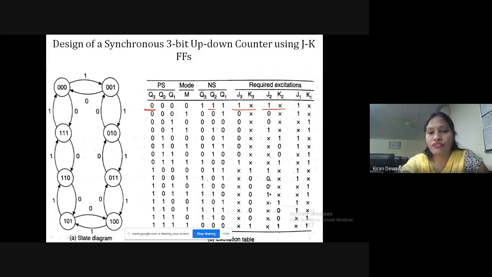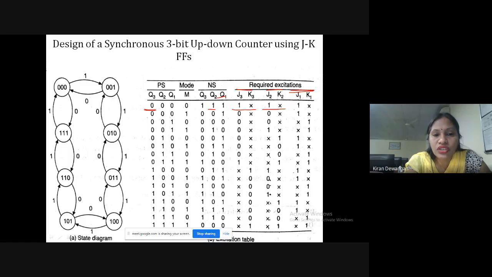Then for Q1, we'll have J1 and K1. So for all 3 flip-flops, these are the 3 sets of inputs: J3 K3, J2 K2 and J1 K1. These will be our input excitations, that is, the required excitation.